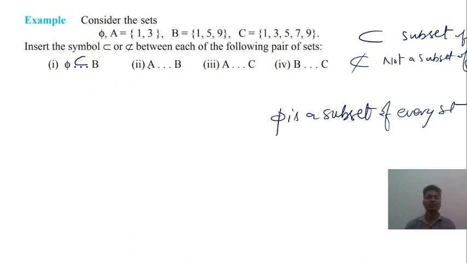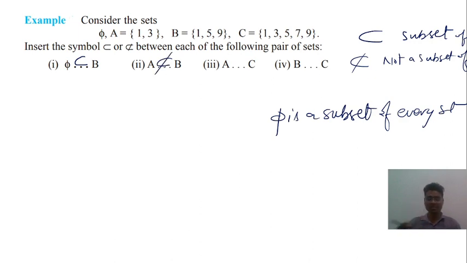For A to be a subset of B, all the elements of A must be contained in the B set. We see that 1 is contained in B, but 3 is not contained in B. So A is not a subset of B.